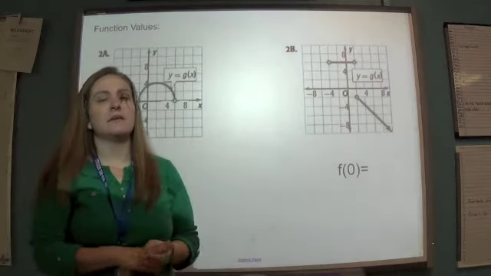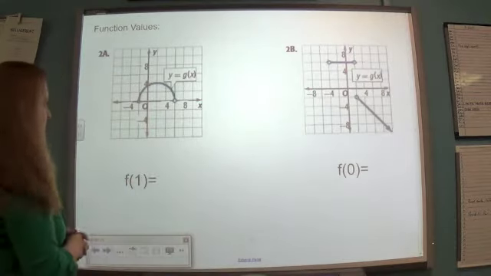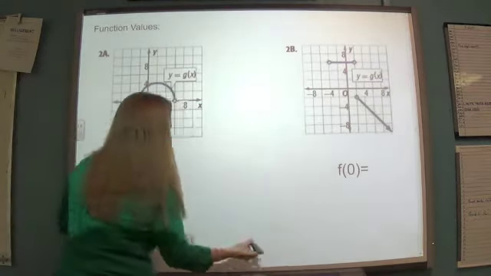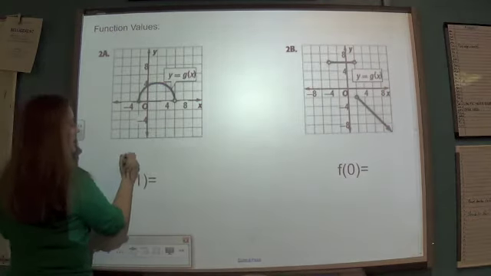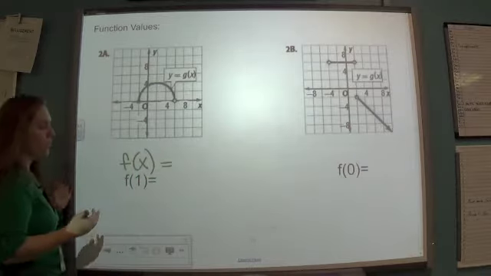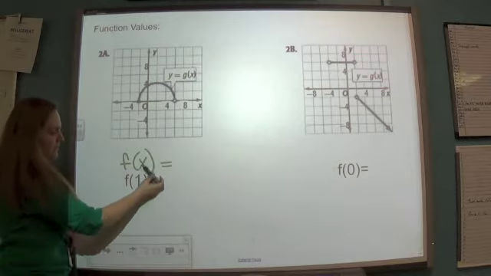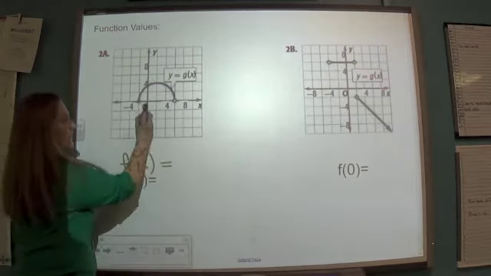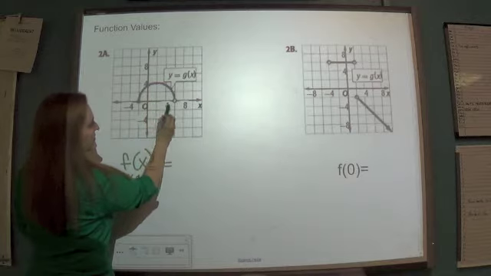This is really easy, but this is actually one of the most missed things on tests. Just remember, what we have to do is find f(1). Just remember, this is f(x). So what is the domain value? What is the x value? Well, the x domain value is 1. So I go to 1. This is going by 2's.